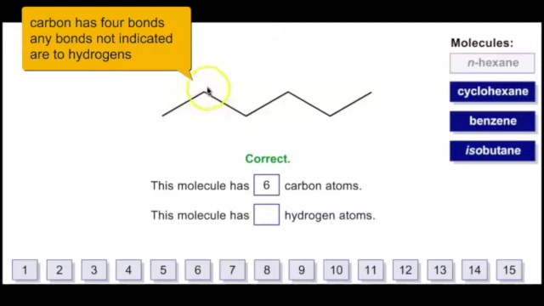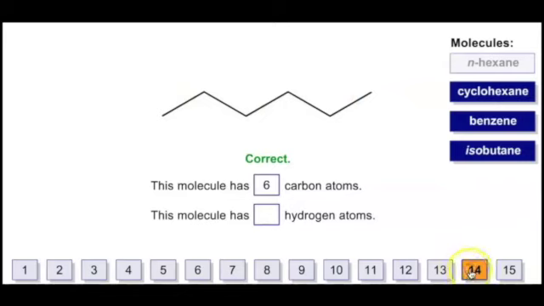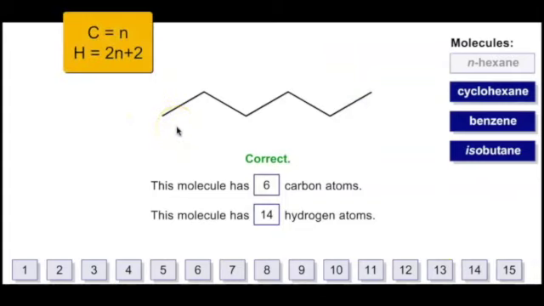So there would be 2 hydrogens here, 2 more here, 2 more here, and 2 more here. That would be 2, 4, 6, 8 hydrogens, plus the 3 plus 3, 6 there, for a total of 14 hydrogens. That also could be calculated with the chemical formula for alkanes, which is CnH2n+2.